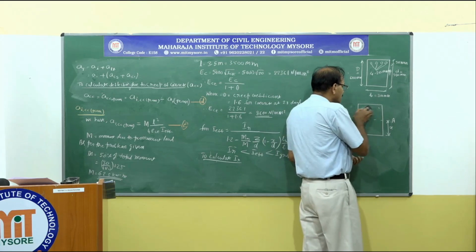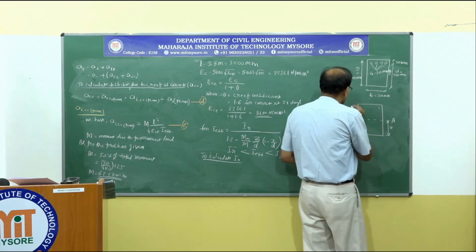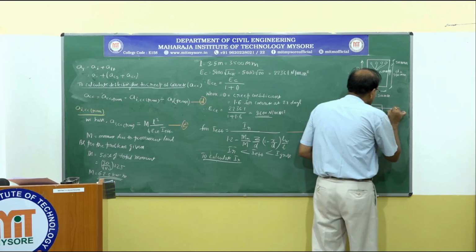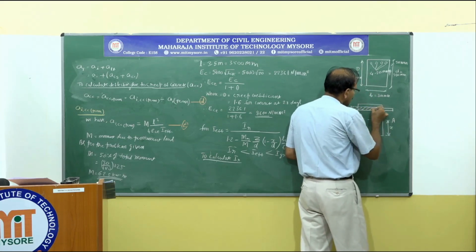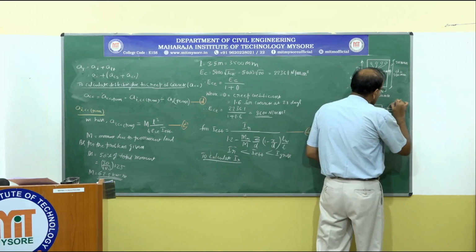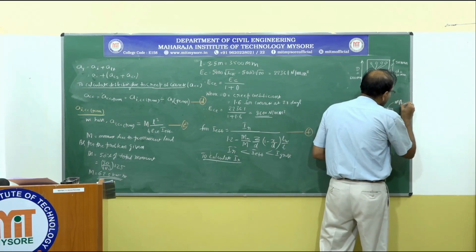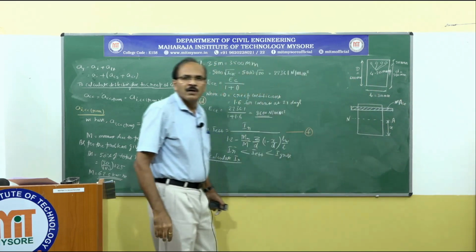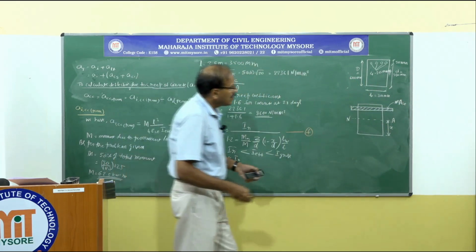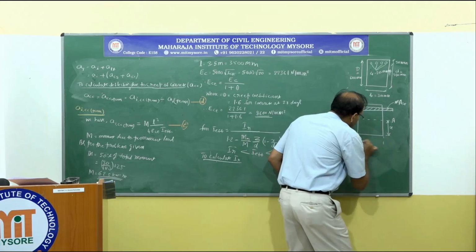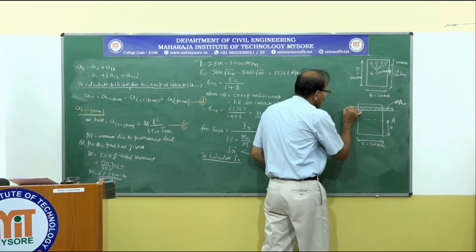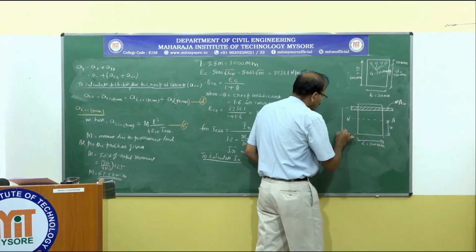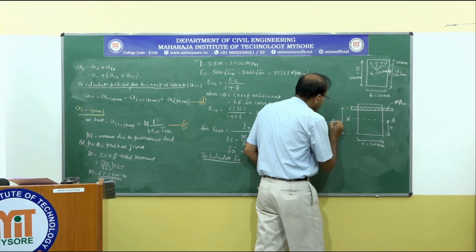So I am going to replace this with the equivalent concrete area, that is equal to m Ast. This is b, 300 millimeter, and this is 550 millimeter, that is the effective depth.